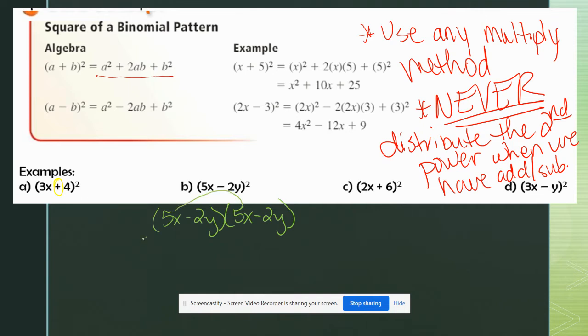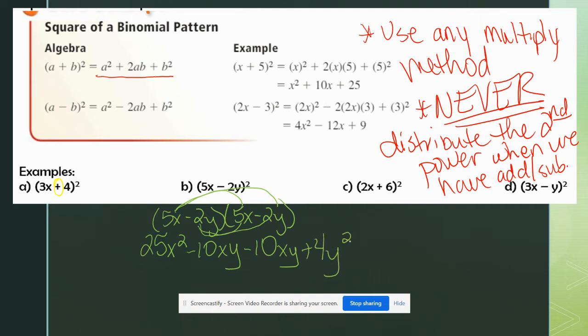5x times 5x is 25x squared. 5x times negative 2y, 5 times negative 2 is negative 10. Then we have x and we have y. Negative 2y times 5x, negative 2 times 5 is negative 10. And we have xy. Negative 2 times negative 2 is positive 4.